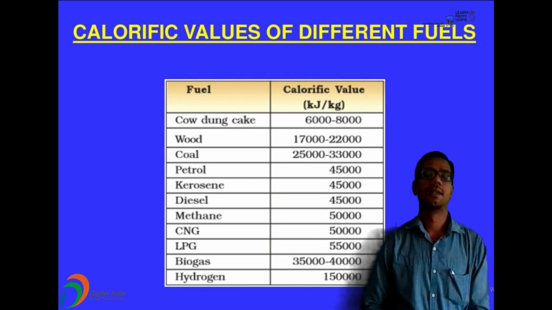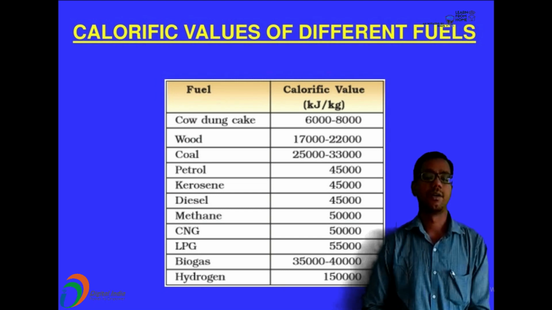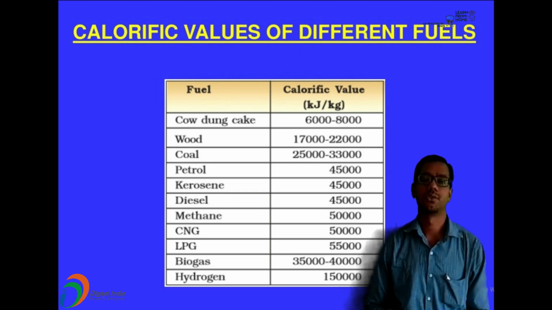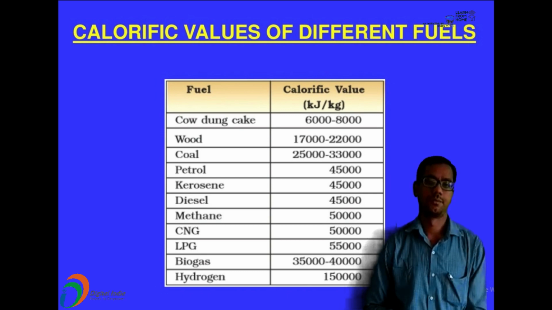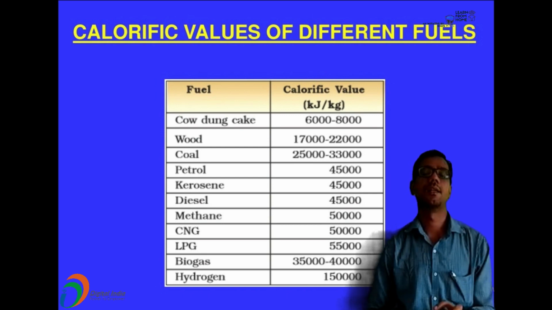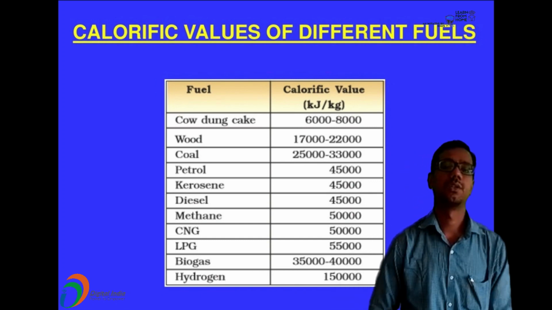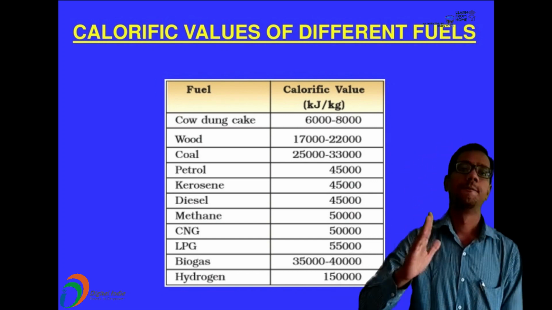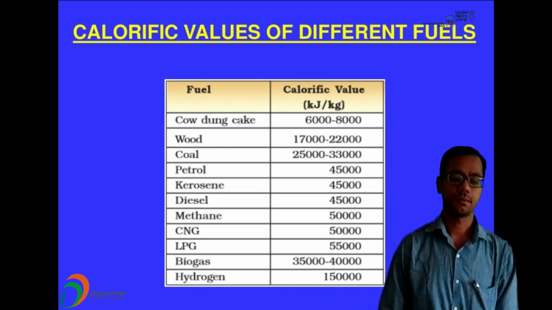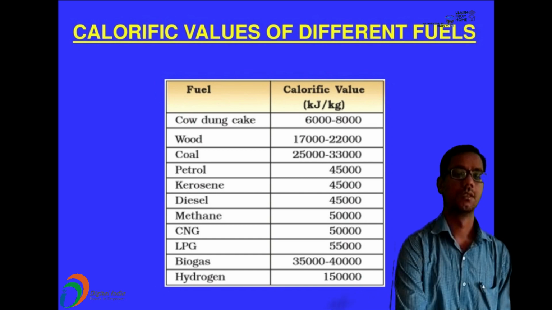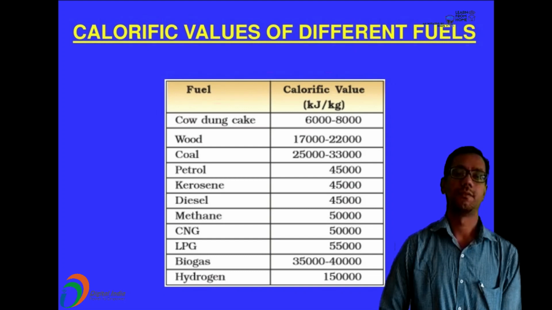So it is not easy to control. That's why hydrogen is not conventionally used as a domestic fuel, because it is highly reactive. But liquid hydrogen we can use as fuel in engines of rockets and jets. This is nothing but the calorific value.